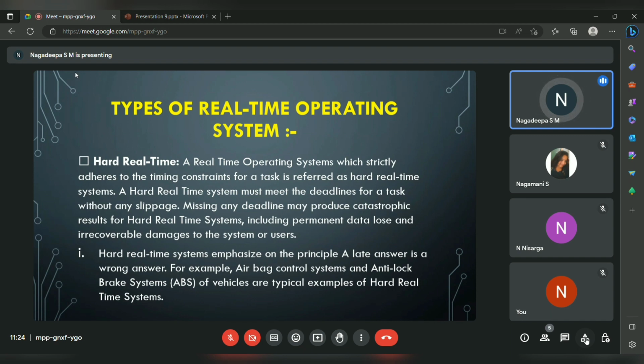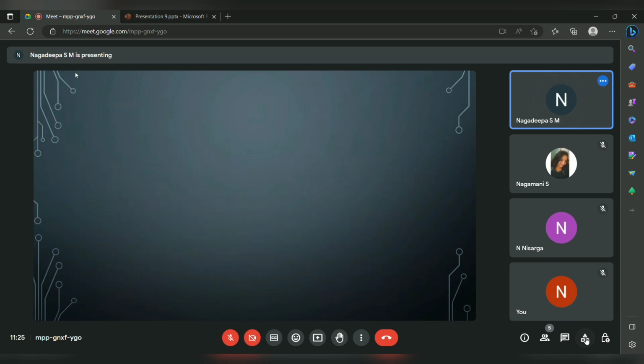Missing any deadline may produce catastrophic results, including permanent data loss and irrecoverable damage to the systems or users. Hard real-time operating systems emphasize the principle that a late answer is a wrong answer. For example, airbag control systems and anti-lock brake systems of vehicles are typical examples of hard real-time systems.